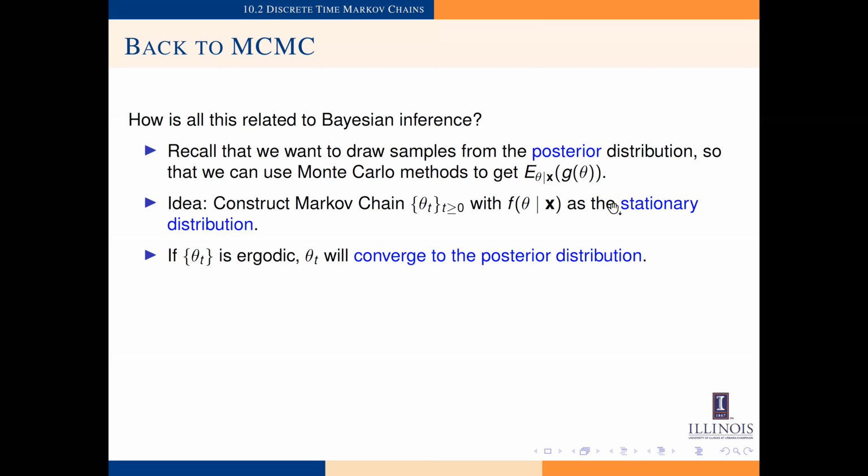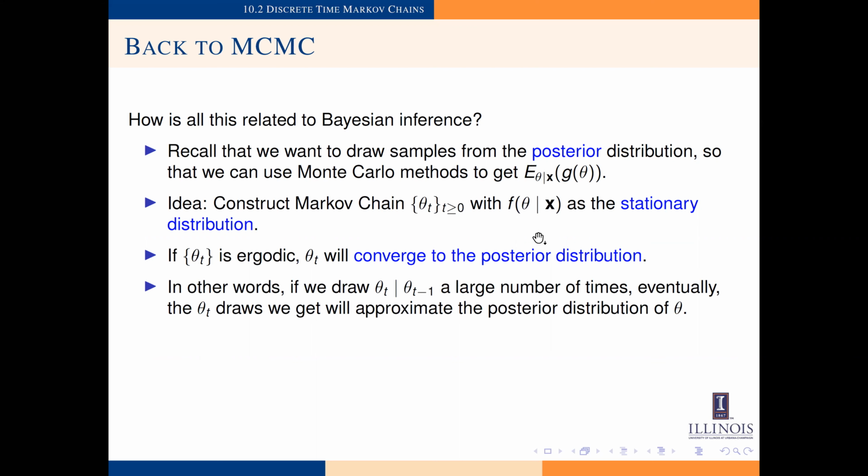If the Markov chain theta_t is ergodic, then theta_t will converge to the posterior distribution. In other words, if we draw theta_t conditioning on theta_{t-1} a large number of times, eventually the theta_t draws that we obtain will approximate the posterior distribution of theta.